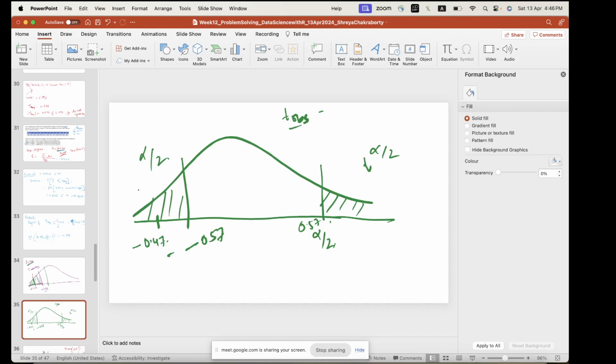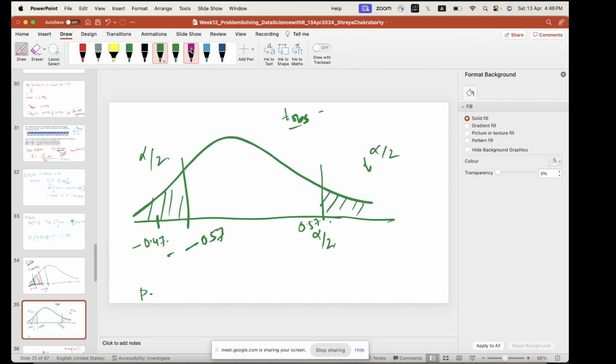So in case of a two-sided test, the p value is actually this area and this area combined. So the p value in that case would be the probability that the absolute value of t is greater than t observed.